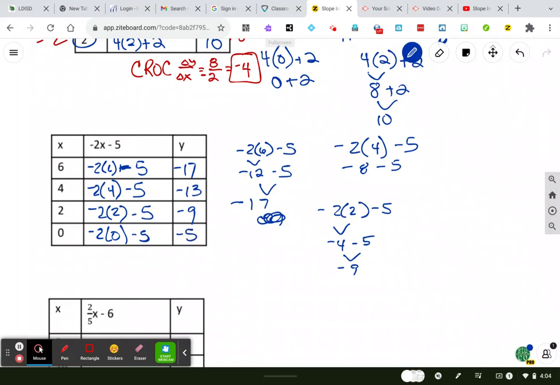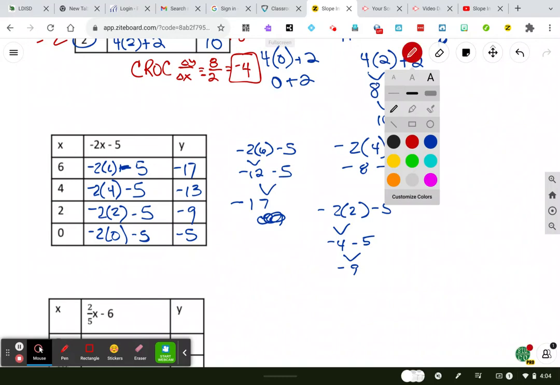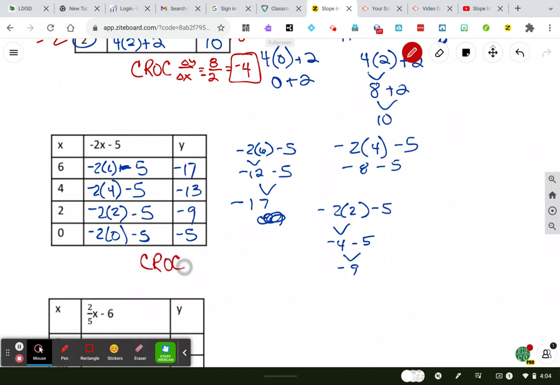So now we can see what our constant rate of change is here. It's my change in y over my change in x. The y is increasing: negative 17, negative 13, negative 9, negative 5. It is increasing by 4 each time.